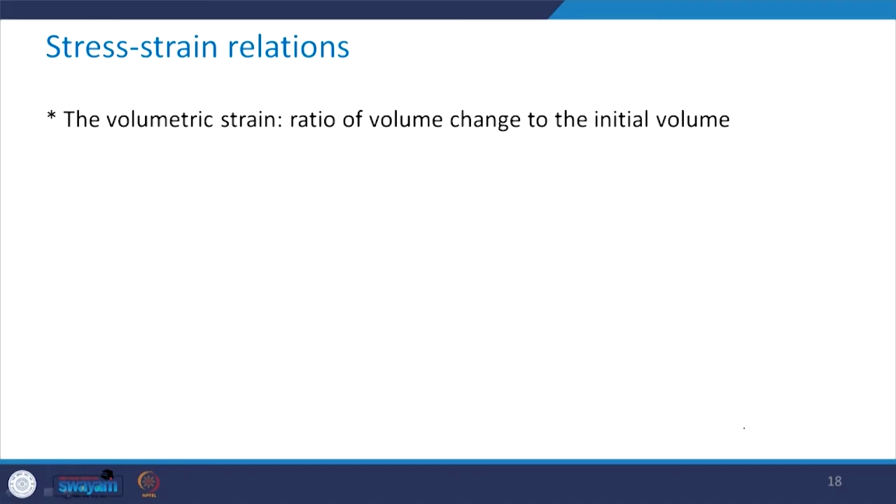So, let us proceed further, that we have the volumetric strain which is the ratio of volume change to the initial volume, and this can be written as epsilon volume is going to be equal to epsilon x plus epsilon y plus epsilon z, and then you just substitute all those values of epsilon x, epsilon y and epsilon z as we derived in the earlier slides.